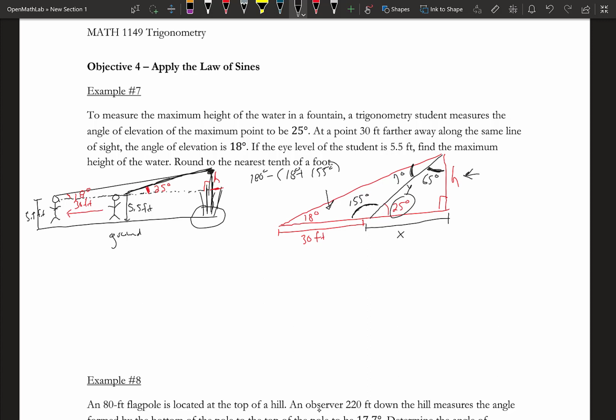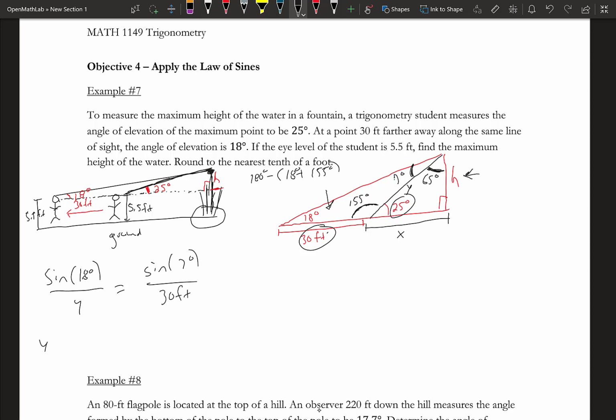We can figure that out by doing sine of 18 degrees divided by y equals, and then I know this side, so I want to use it with that angle, sine of 7 degrees over 30 feet.